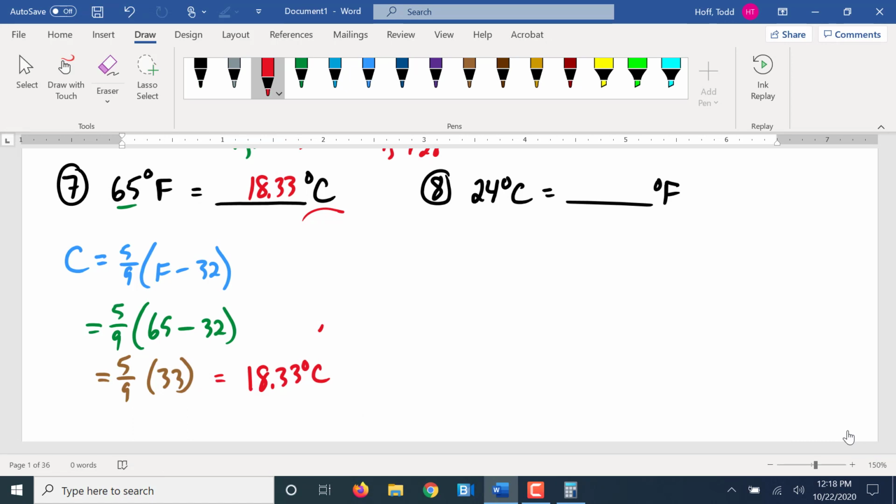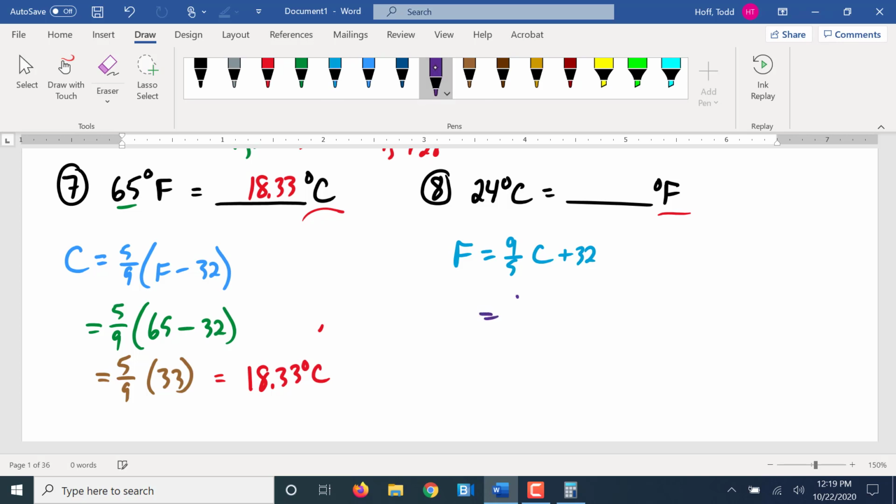Problem number 8, we're going to take 24 degrees Celsius and convert it into degrees Fahrenheit. So again, we have to use a formula. We start out with the one that has the letter that we're looking for. In this case, Fahrenheit equals 9/5 times degrees Celsius plus 32 is our formula.